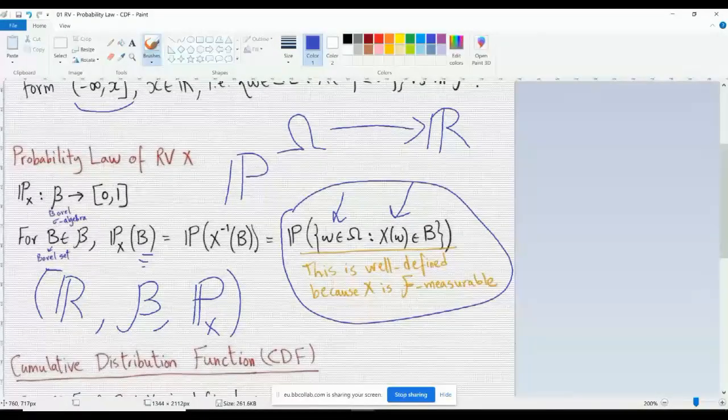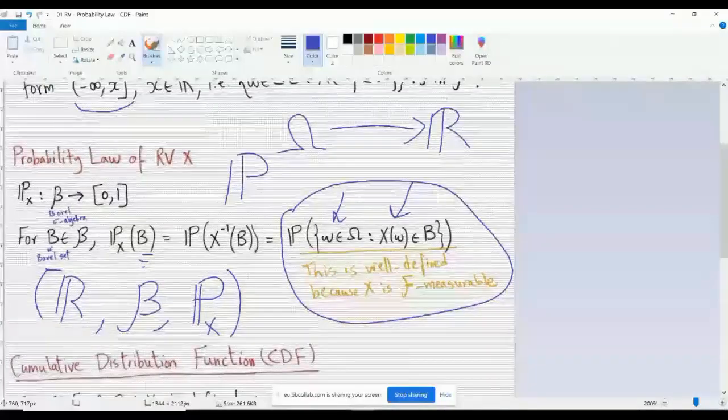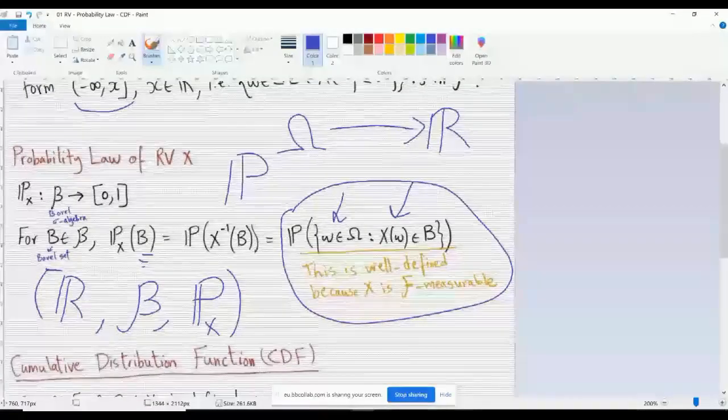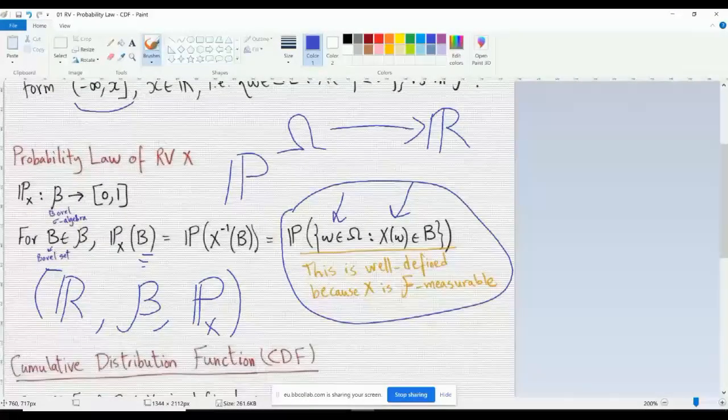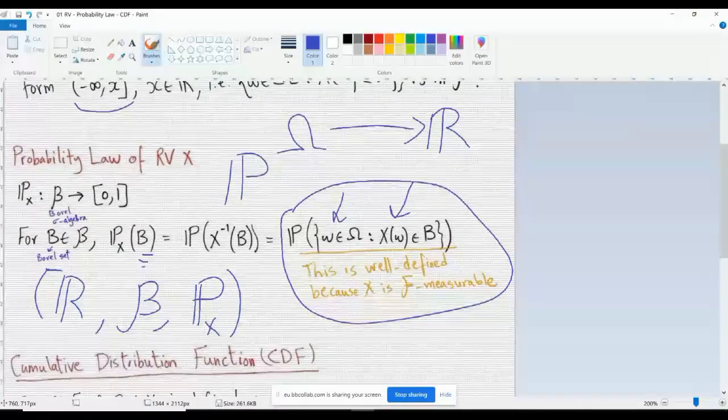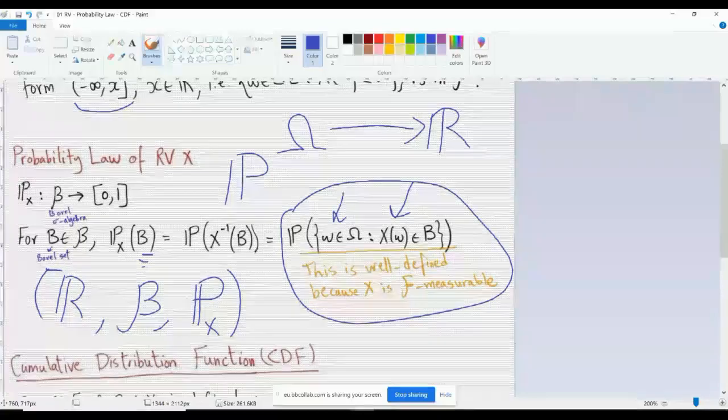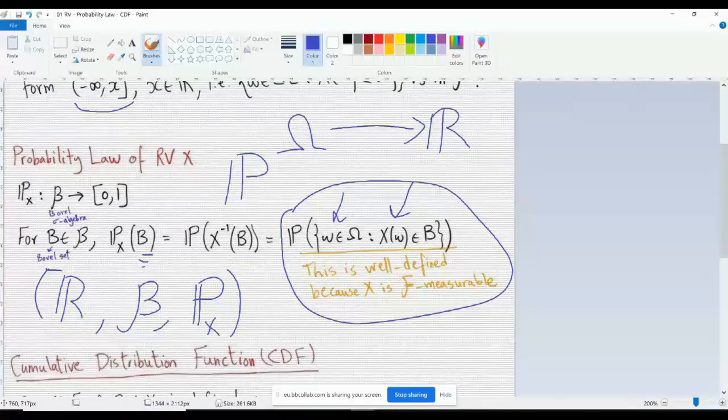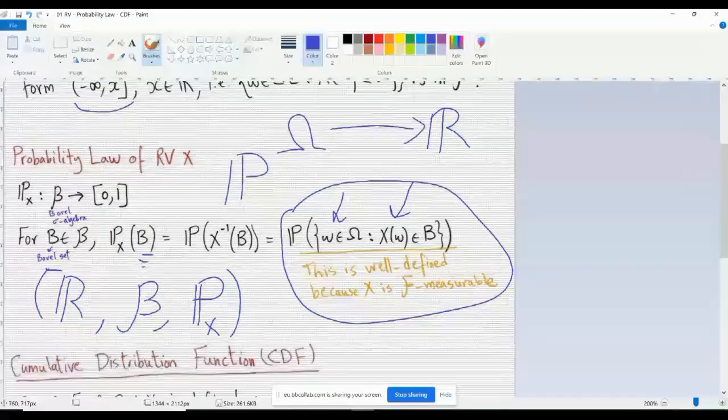Okay, and it is not well defined if X is not F measurable, because if X is not F measurable, then there is a pre-image that is not in the sigma algebra. So if we talk about the probability law of the original sample space big omega, this probability measure assigns probability only to the elements of the sigma algebra.